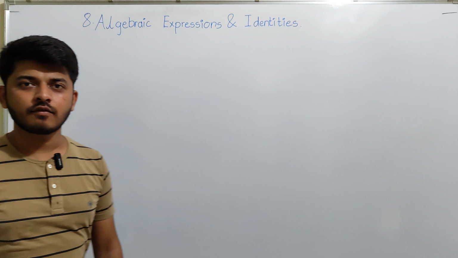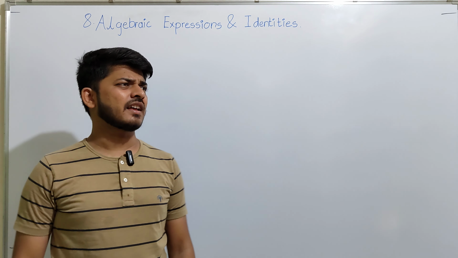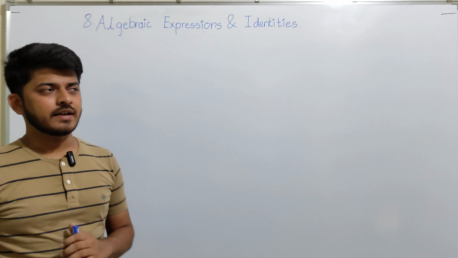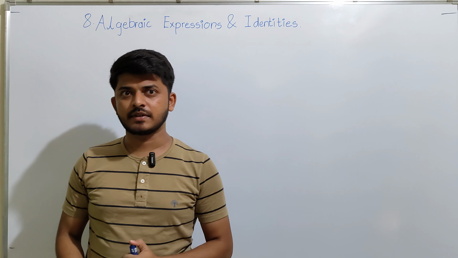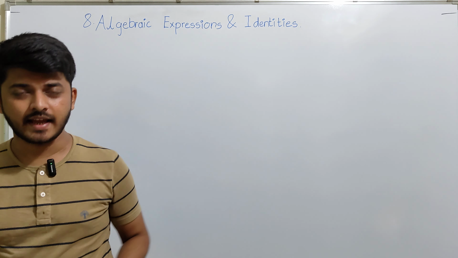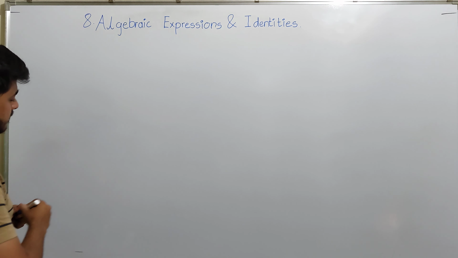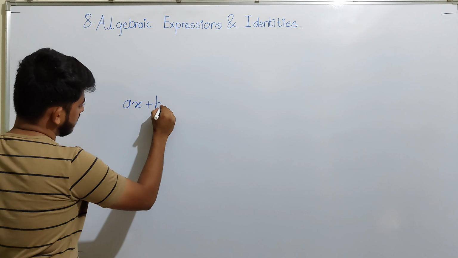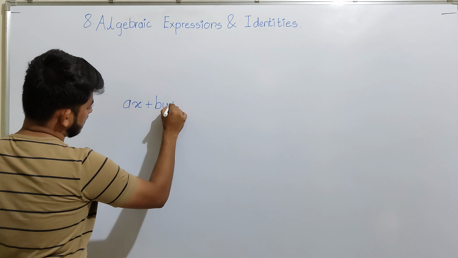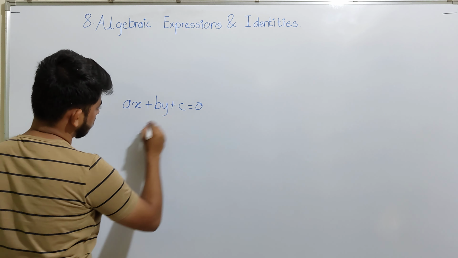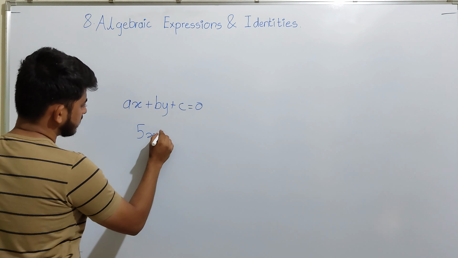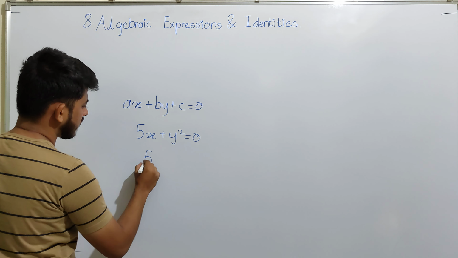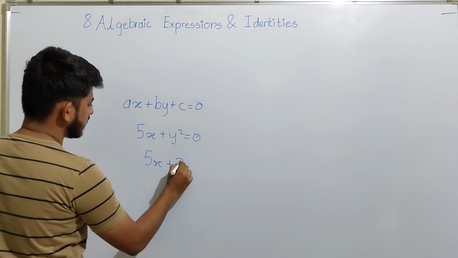Now you might have seen what algebraic expressions are. In previous lessons you might have seen what we mean exactly. Algebraic expressions are like ax plus by plus c is equal to 0, or 5x plus y square is equal to 0, or 5x plus 3y.